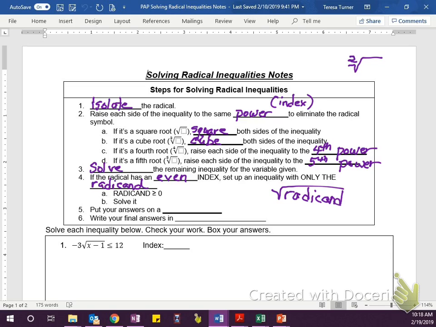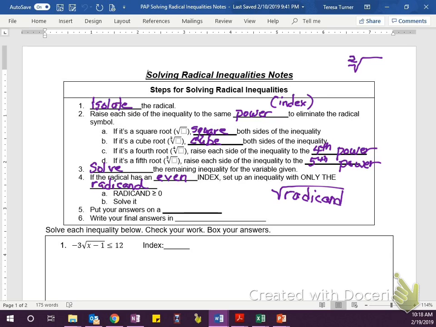Why must the radicand be greater than or equal to 0? What can you not have under a radical in the real number system? A negative. So we have to ensure that whatever variables we allow in the inequality, they never let the radicand become negative.